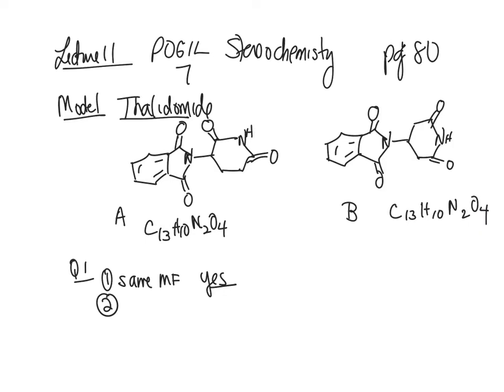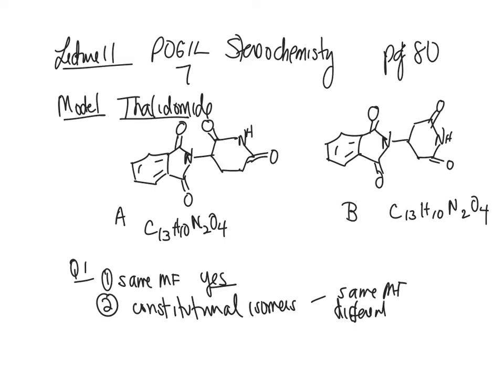Are they the same molecule? Are they constitutional or conformational isomers? Constitutional isomers have the same molecular formula but different connectivity. Conformational isomers are like the chair, okay? So what's different?